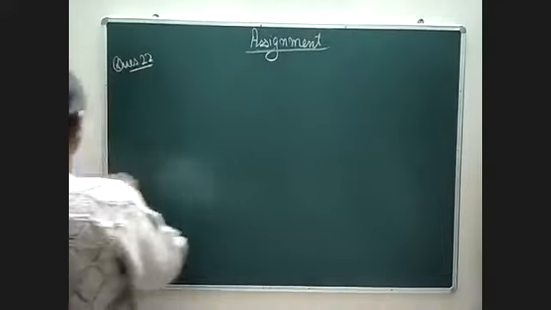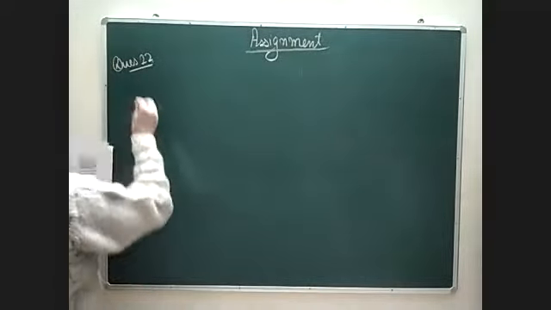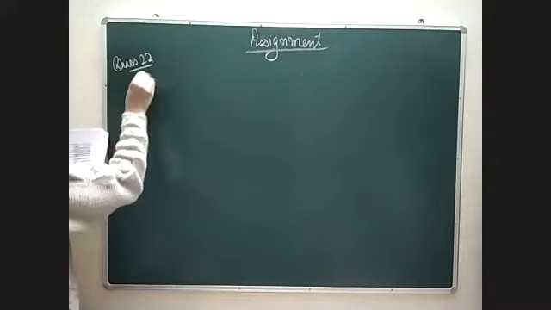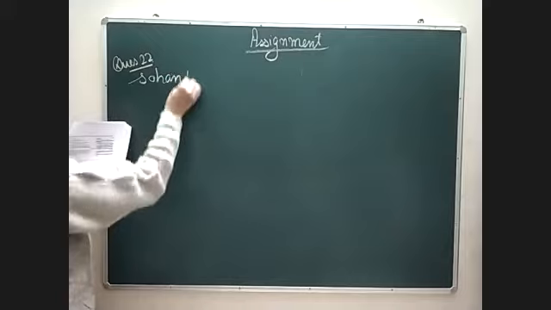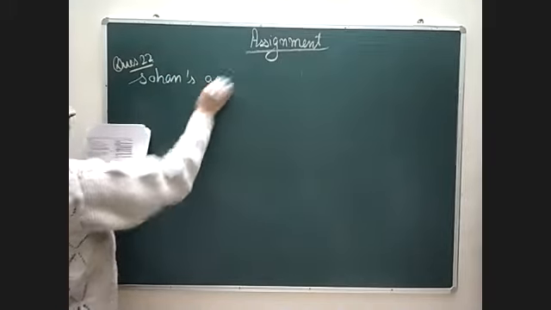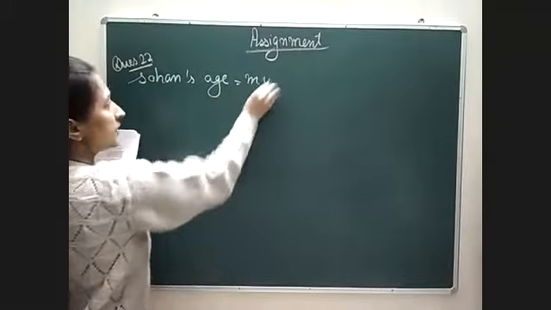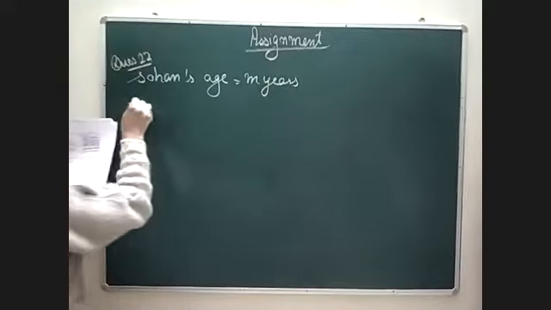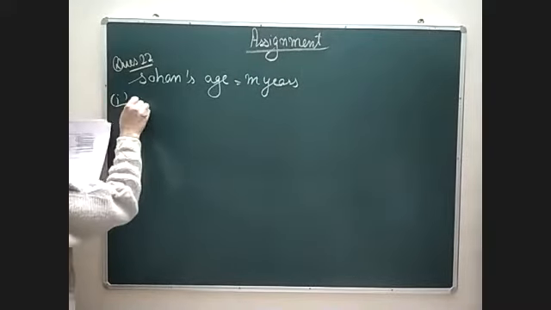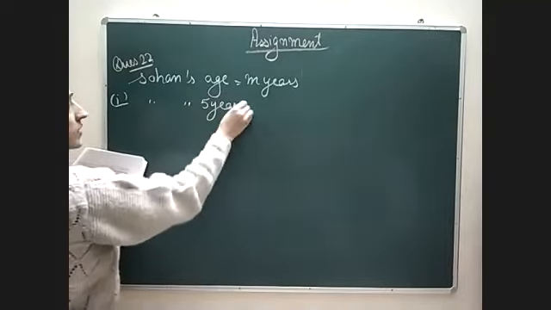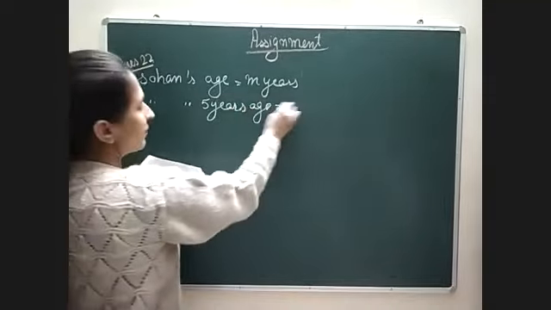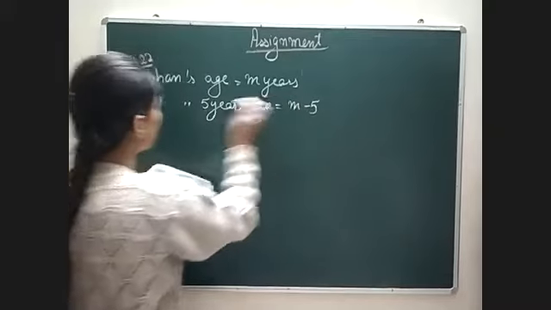Here is the answer. A part. First of all, let us write Sohan's age: m years. Then first part, Sohan's age 5 years ago, that will be m minus 5.